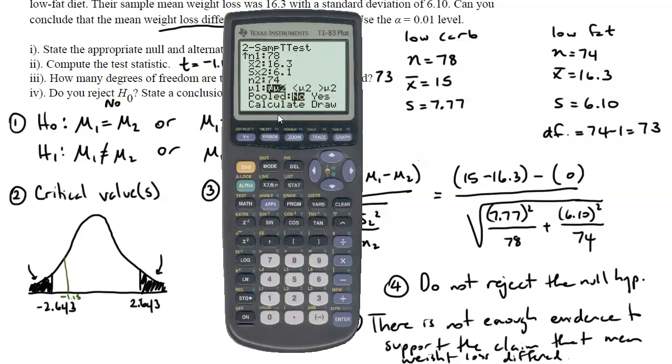Don't worry about that pooled. Calculate. We've got our t-value, negative 1.15. Don't worry about that degrees of freedom. That's a different calculation than we use. If you're using the p-value method, this p-value 0.25 is greater than alpha. 0.25 is greater than 0.01. So do not reject the null hypothesis. You still get the same conclusion.